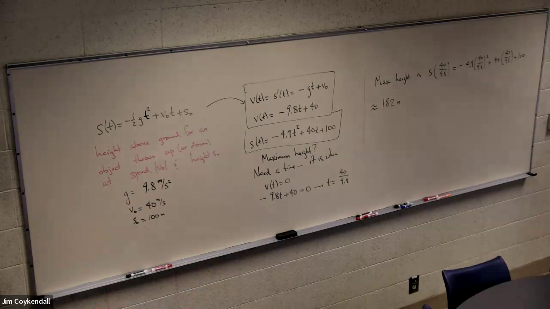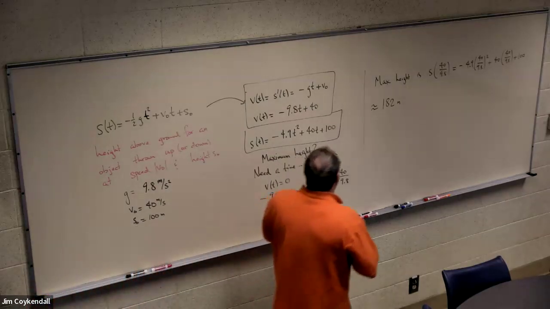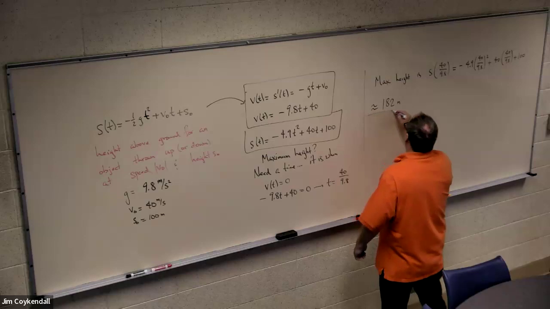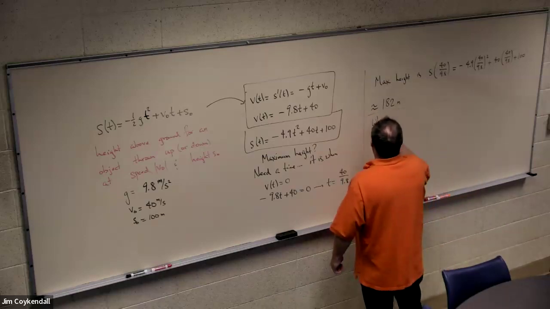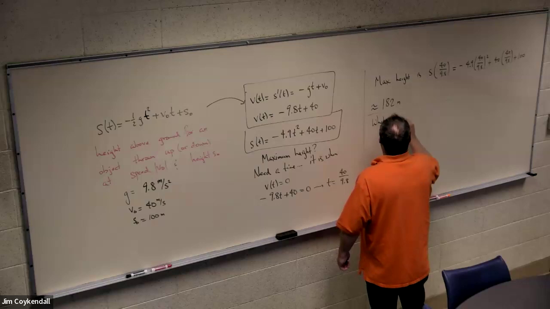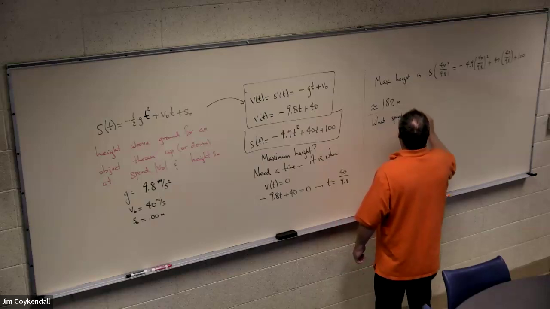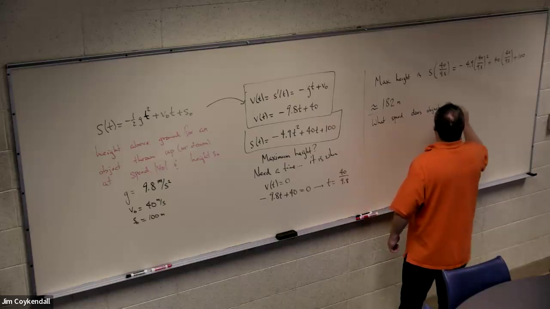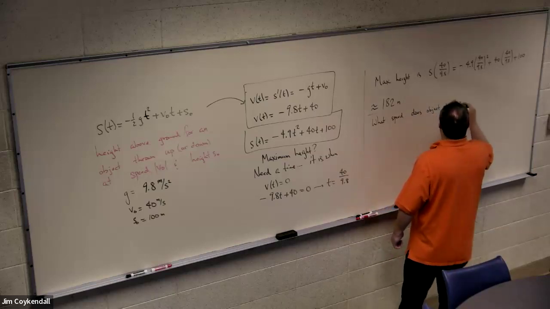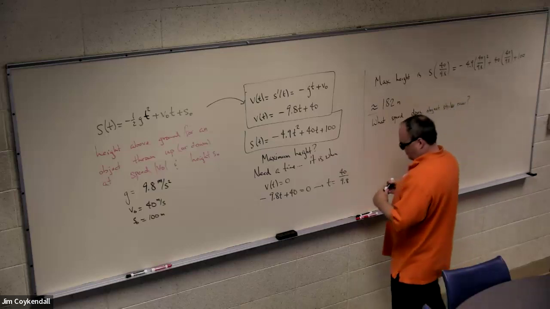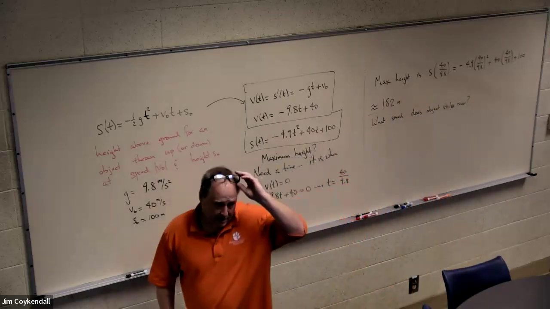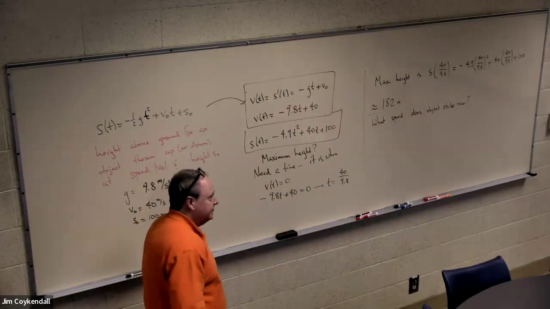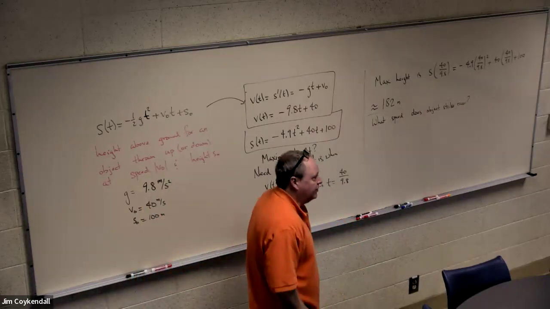Is that clear? Am I addressing the questions you were asking? Okay, so part D says, with what speed does the object strike the river? What equation are we going to use?